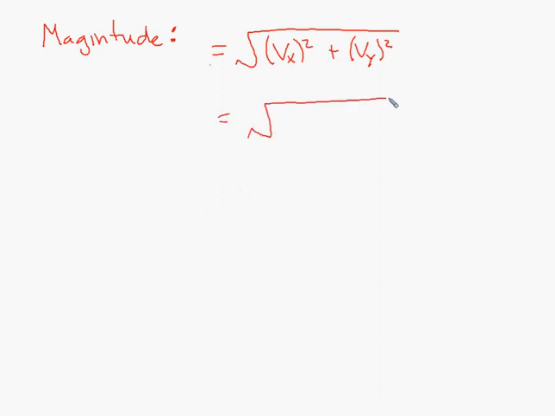Or if you want to know where we get those, we do x2 minus x1 squared plus y2 minus y1 squared. And it doesn't matter the order of those. Just be consistent. Now, magnitude you can think of as a length. Length or strength.